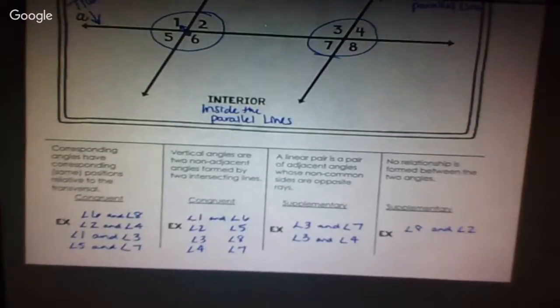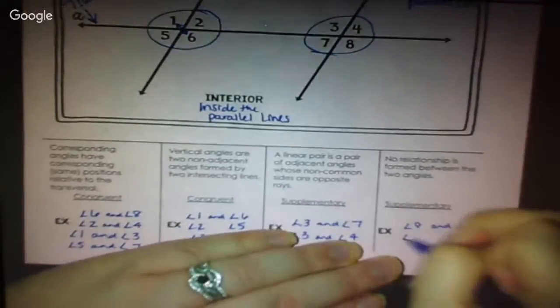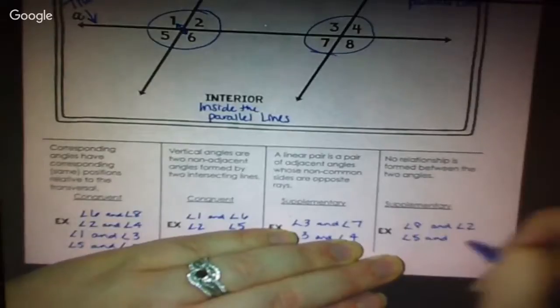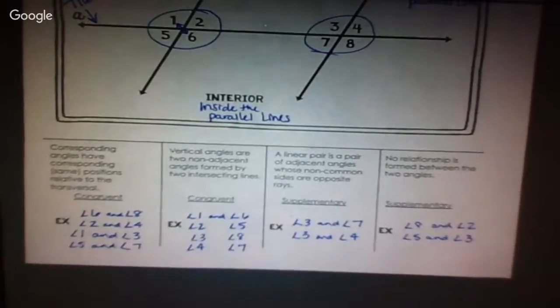And like 6 and 4. Again, they're not ones we focus on because they're not ones that actually have a type of relationship.